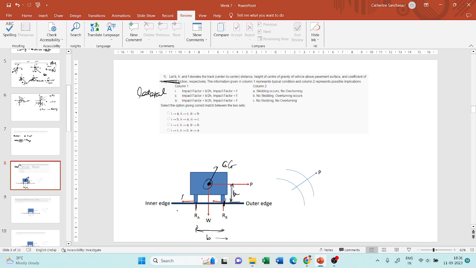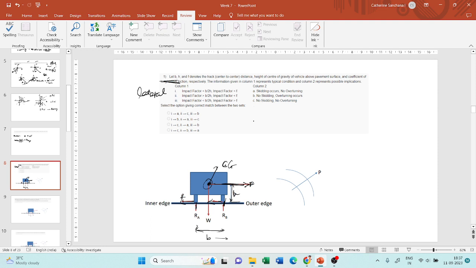This friction is given as F. As I told you, it acts in the direction opposite to the centrifugal force, which acts on a vehicle which tries to traverse on a horizontal curve. So these elements have been given.